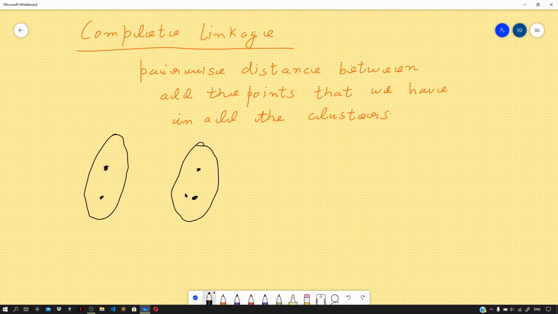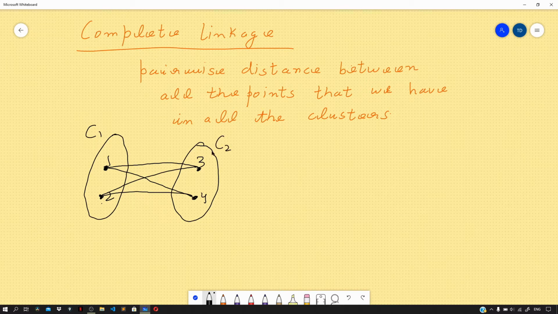Now here we need to calculate the pairwise distance between all the points in all the clusters, right? So let us label these points 1, 2, 3, and 4. So we need to take the pairwise distance between 1 and 3, between 1 and 4, 2 and 3, and 2 and 4. Now here you can see we have 4 pairwise distances between the points in these 2 clusters, C1 and C2.